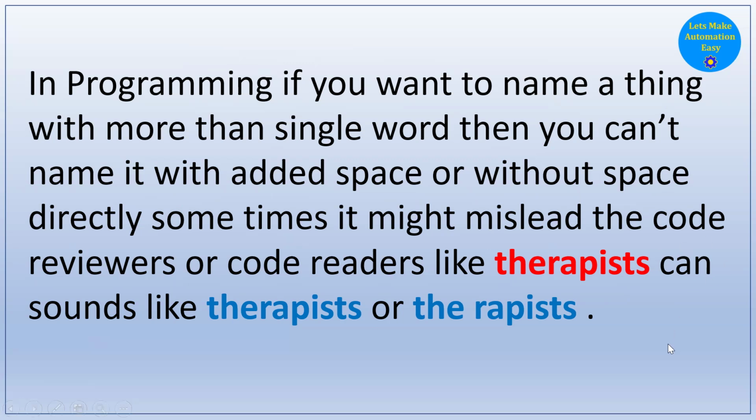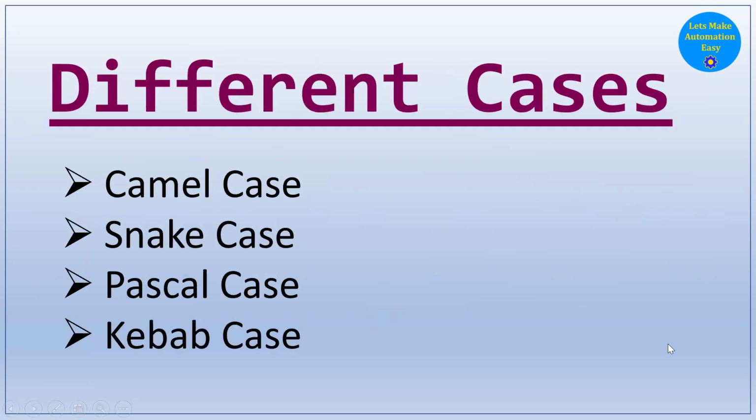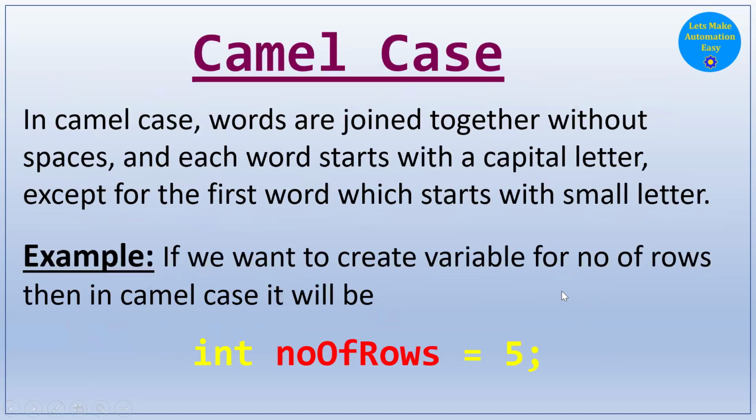Now the question is how many naming conventions are available. We generally use four naming conventions, or cases: camel case, snake case, Pascal case, and kebab case. Now we will start with camel case. In camel case, words are joined together without spaces and each word starts with a capital letter except for the first word, which starts with a small letter.